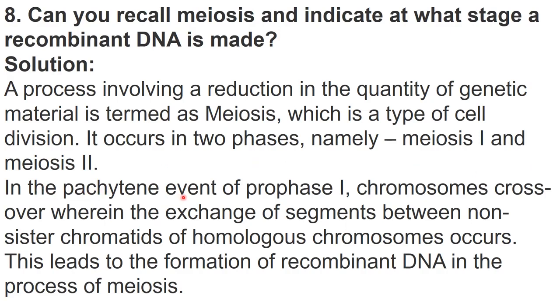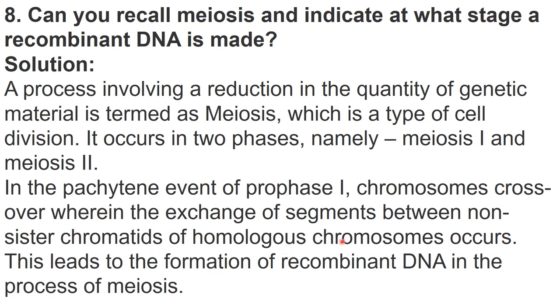In the pachytene stage, that is a substage of prophase 1, you can say. Prophase 1 means a stage of meiosis 1. Okay, so in the pachytene stage, chromosomes cross over, wherein exchange of segments between non-sister chromatids of homologous chromosomes occurs. So here crossing over occurs in the pachytene stage, and during that crossing over, recombination occurs.